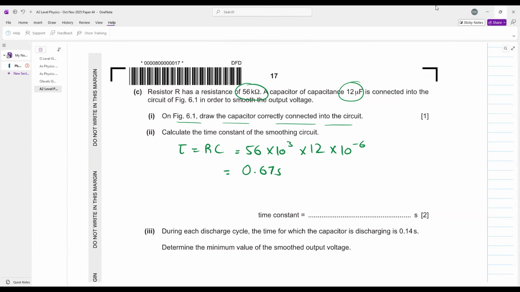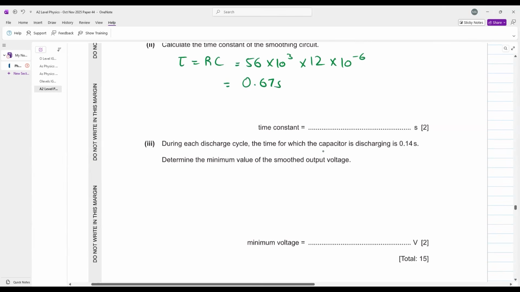आगे बढ़ते हैं. During each discharge cycle, the time for which the capacitor is discharging is 0.14 seconds. Calculate the minimum value of the smoothed output voltage. कैसे निकालेंगे? V is equals to V naught e to the power minus t over tau. बेटा V minimum निकालनी है.